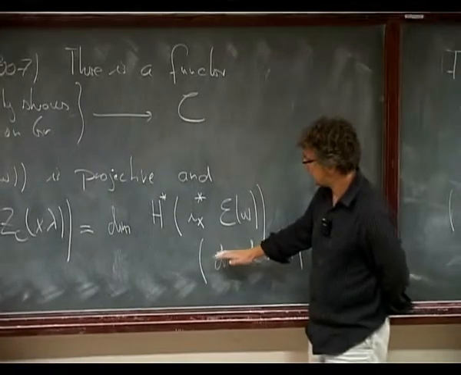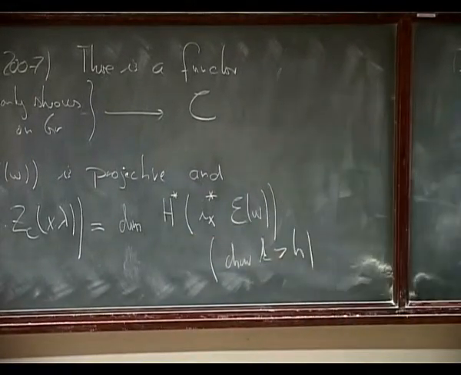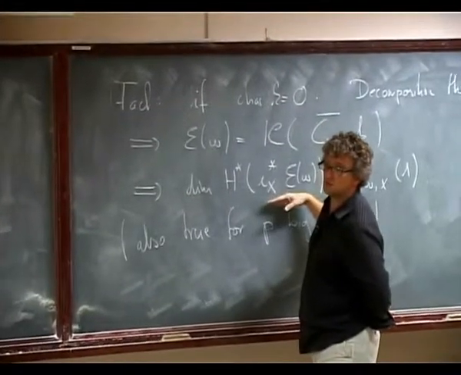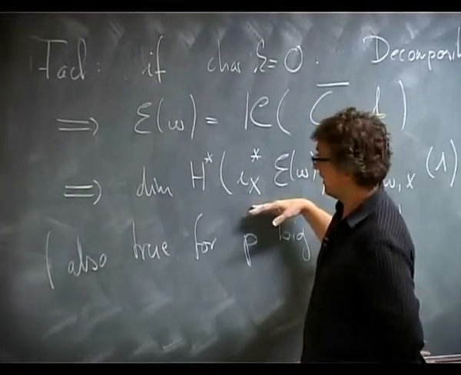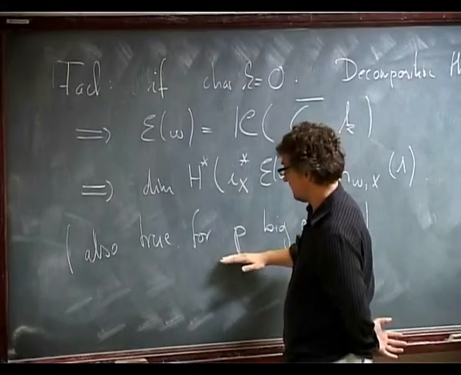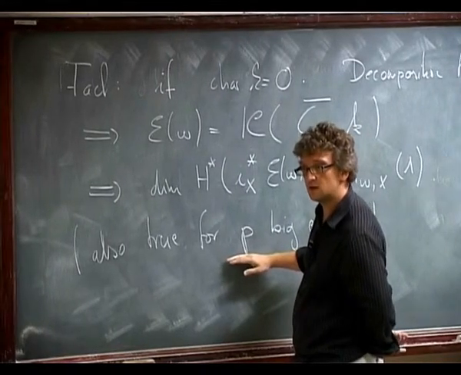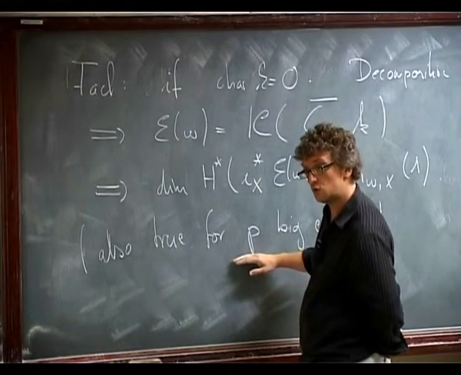For small characteristics, we don't know this dimension. We know this dimension in case our ground field is of characteristic 0, because then it's an IC complex and we know everything. And then we can already deduce that there's an upper bound on the exceptional characteristic. So it's almost always true.